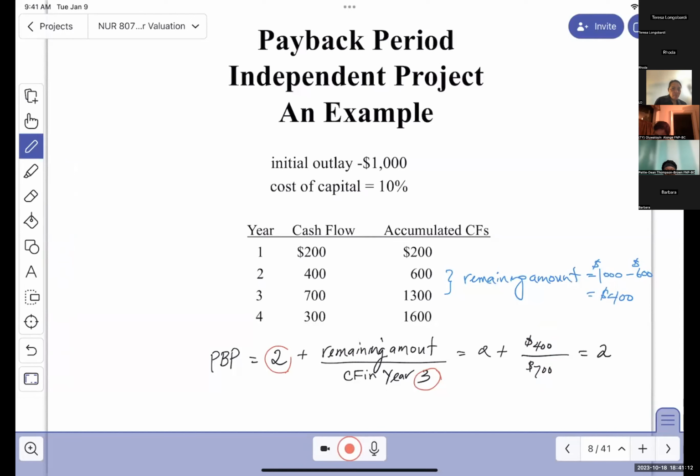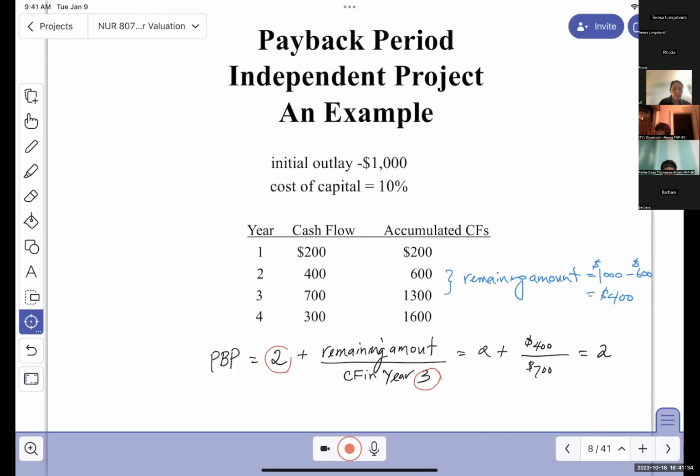So what would this be? 2 point... you're just dividing 4 by 7. If you're looking at the remaining amount, which is the 1,000 minus 600, why did you put a bracket over the 600 and 1,300?